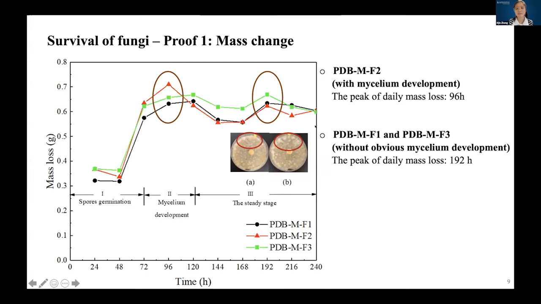Similarly, we find a peak of daily mass loss at 192 hours in the other 2 samples, and we can observe mycelium development at the edge of the Petri dish, which is another evidence of their growth.